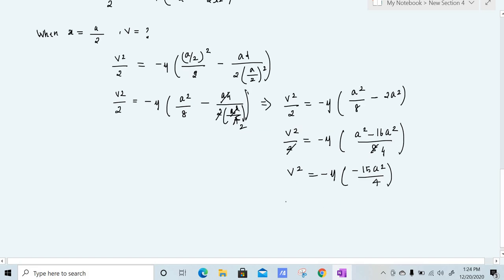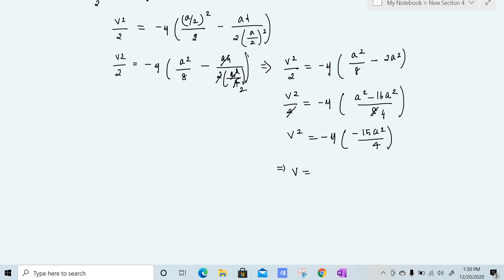So a square minus 16a square is minus 15a square. Here we will have minus, so minus will be plus, so 15 mu a square divided by 4, right?